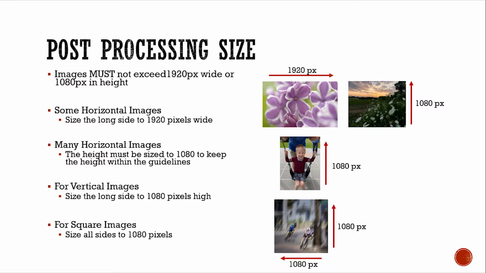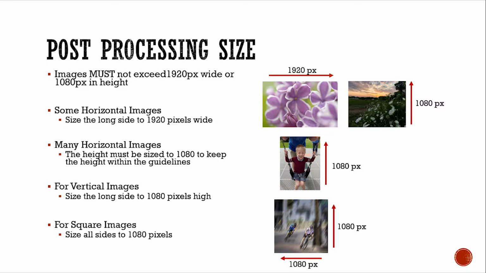So a 16:9 aspect ratio works great with the 1920 wide because it will be 1080 high, and it works perfect. That is what our projector projects. But if you also have a panorama that's 2 wide by 1 high or 3 wide by 1 high or so on, then those can also be resized to 1920 pixels wide.